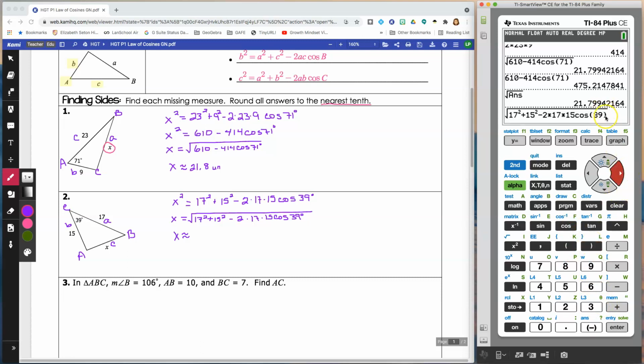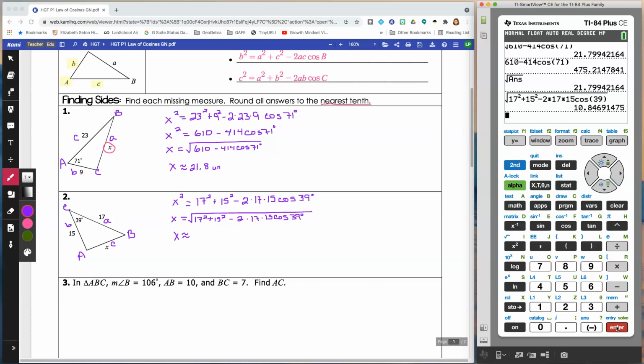And you'll notice I like to close my parentheses and come out of my square root before I click enter. That's really up to you. Since it is the end of the equation, your calculator knows to stop there. I click enter, and I get that x is approximately, rounding to the nearest tenth, this 4 in the hundredths place does not round the 8 up, so this is approximately 10.8, whatever my units are.